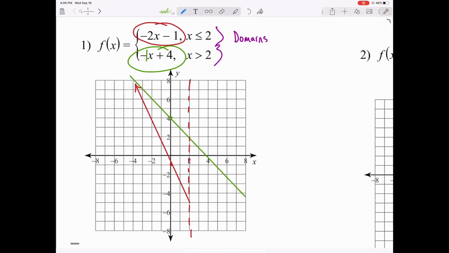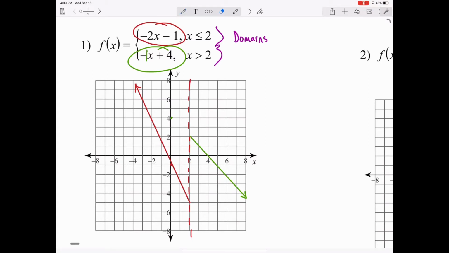So if there were no piecewise function there, that green line would be fine like that. But that says it's defined only when x is greater than 2. So we're going to back that up to our line there. We'll arrow on it. And in that case, that's what the whole piecewise function would look like.